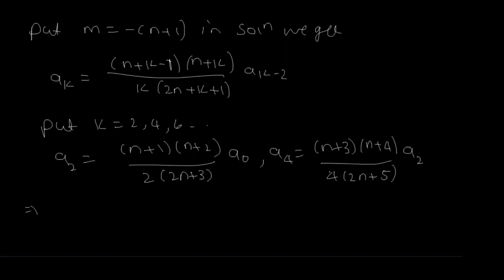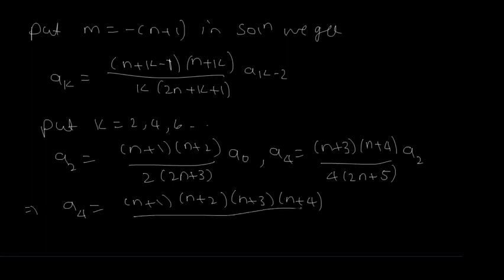Substituting this value of a2 here, a4 is equal to (n+1)(n+2)(n+3)(n+4) all divided by 2·4(2n+3)(2n+5) into a0, etc. We get a2, a4, a6 and so on.